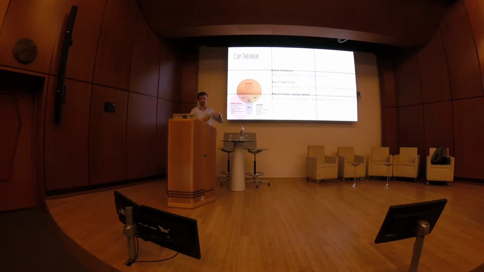It cannot answer your question because it doesn't know what happens in the other part of the system. If some data has changed and you still answer, then you're not consistent. On the other hand, if you want to be available and you accept data, either writes or reads, and you accept writes and you change data, then the system is no longer consistent again. So that's why you have to choose.